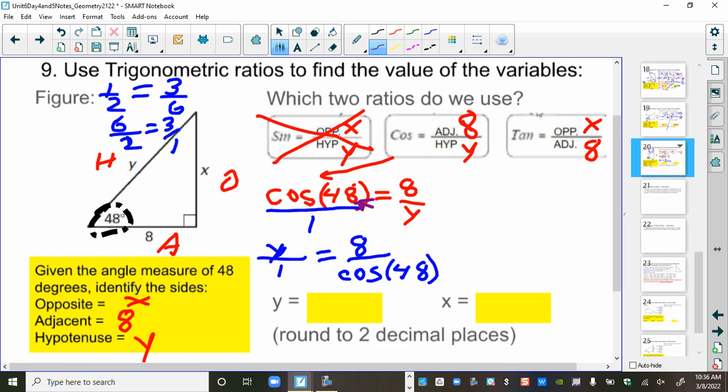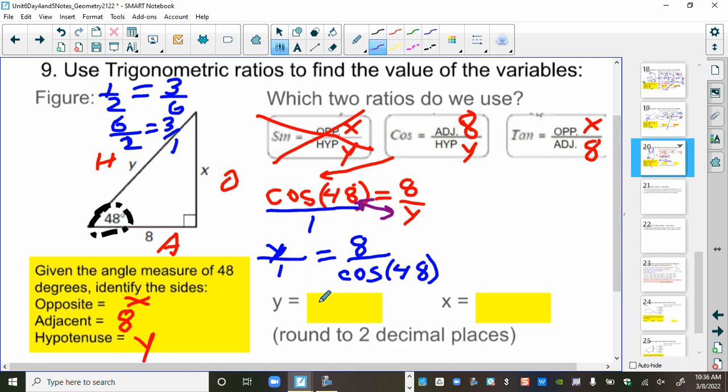If you want to make your life easier, switch. Put the y here, put the cosine of 48 down here, and just like before, just type in 8 divided by cosine of 48. And you should get a number. 11.955 or 11.956 or 11.9596.